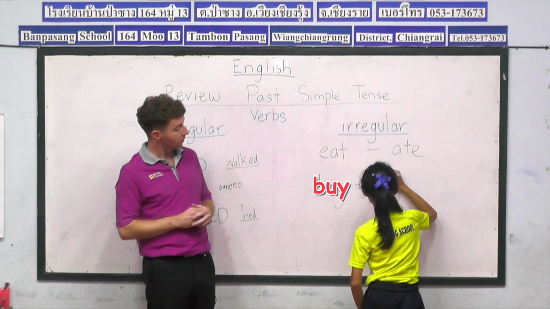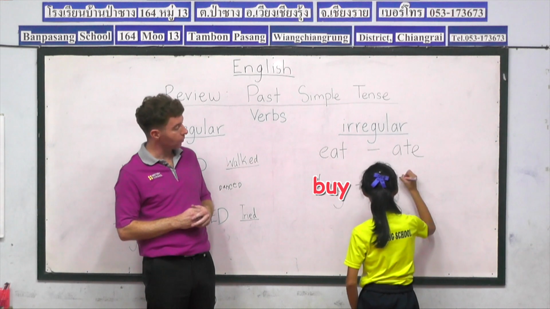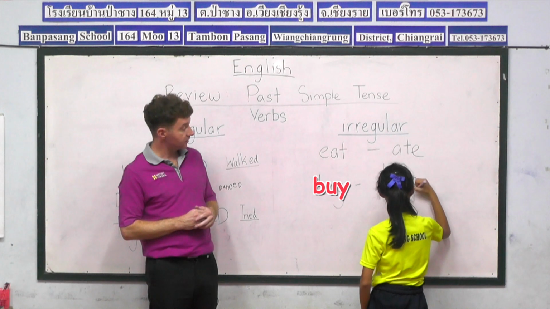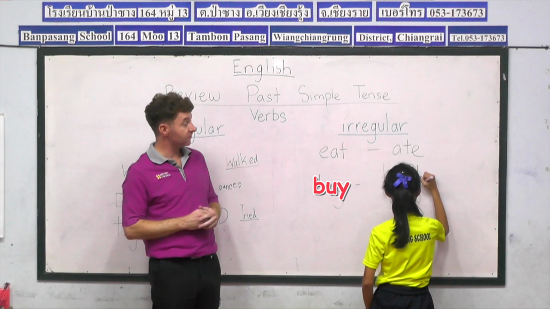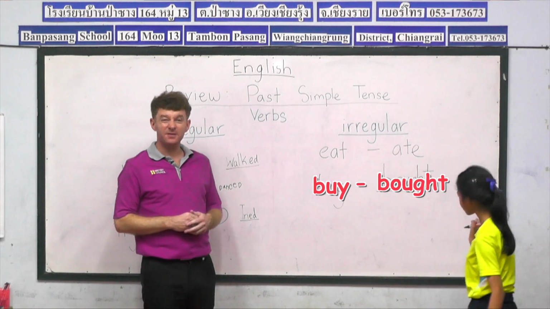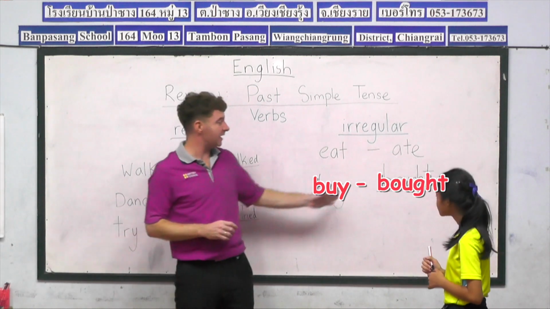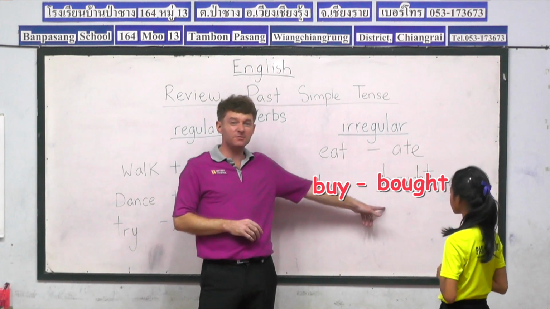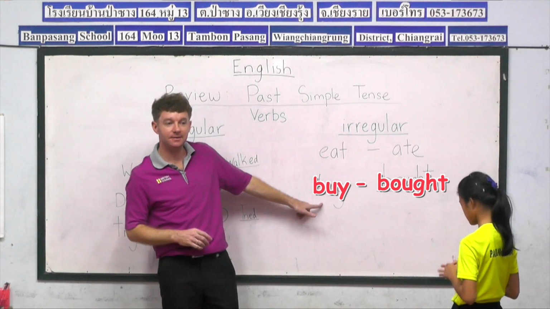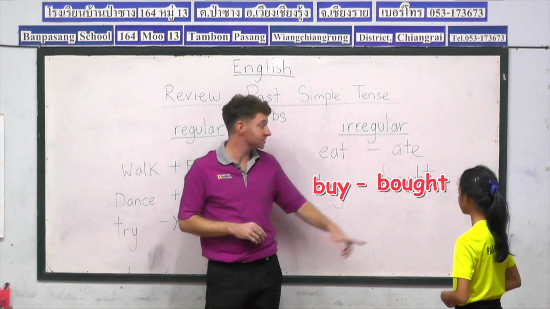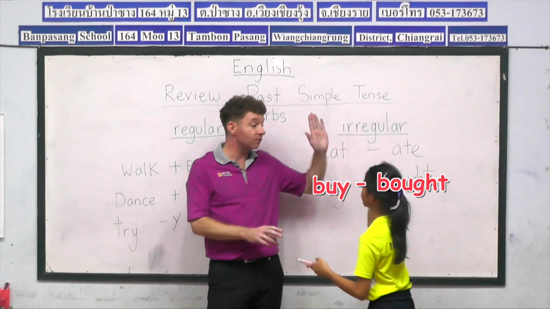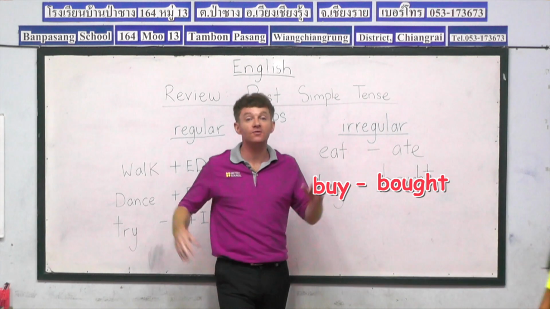B, O, U, G, H, T. That's perfect. So you see, irregular verbs, when we change them between tenses, sometimes become a completely different word. Present tense, buy. Past tense, bought. And Dan, that was excellent. Very well done. High five and a big round of applause for Dan, guys.